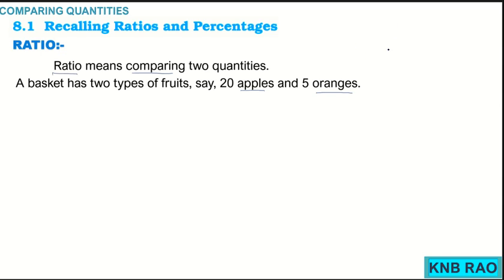Normally, you will say that since apples are 20 in number, I say apples are 4 times the oranges. How could you get the word 4 times? Apples are more, but how many times? How do you get that? If you divide 20 by 5, you will get 4, where I say apples are 4 times the number of oranges.